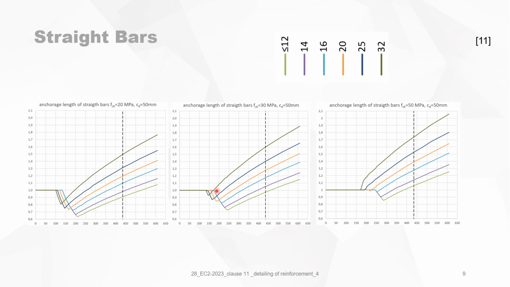Then you will see that you have the same type of graphs, and that from C50 onwards, there is no part where you need less anchorage length, unless you have the small diameters, which is 12 and 14. Then you have a very small zone where you need less anchorage length, but that's only a small zone. But in general, it's always more anchorage length.